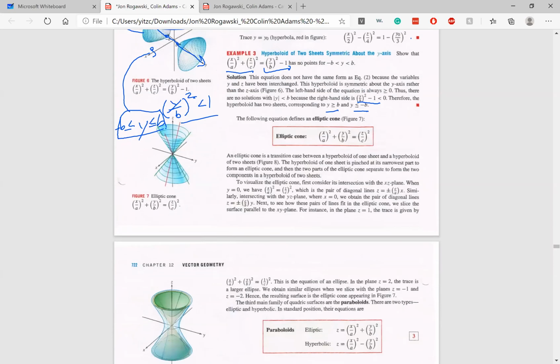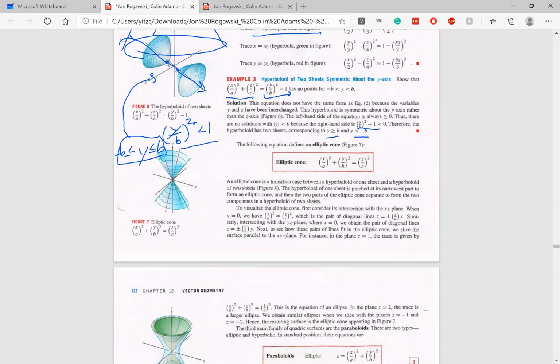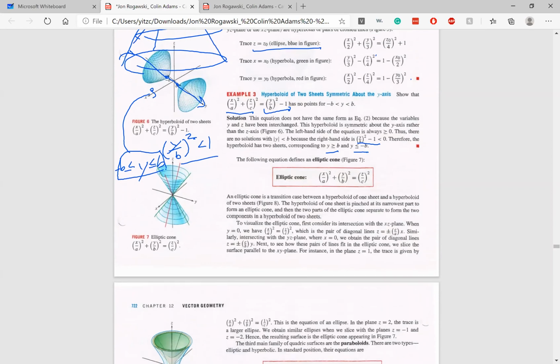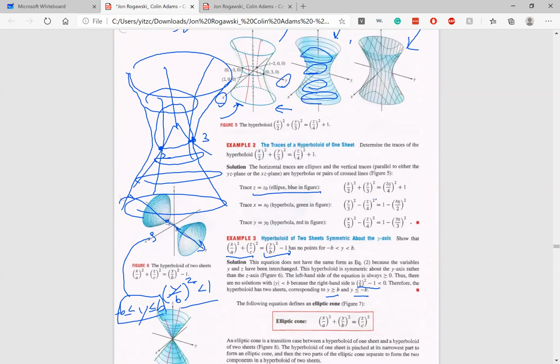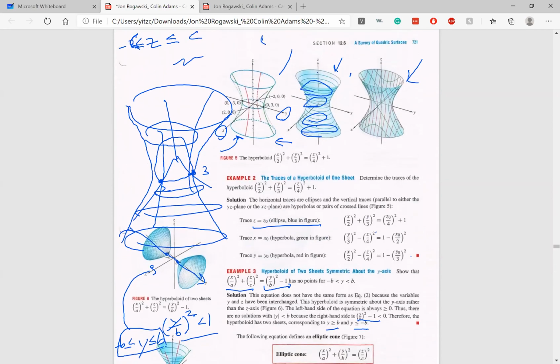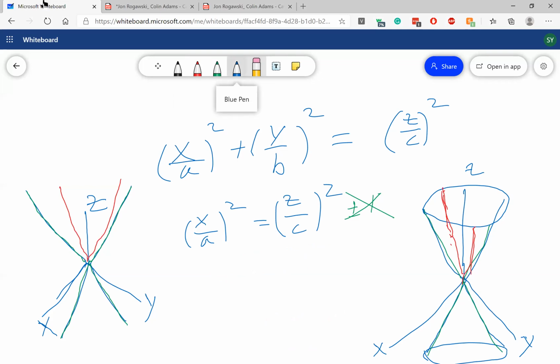Professor, you said if we set x or y to a number, we can get hyperbolas. Can you show how that hyperbola would look? Yeah, so if you had this over here, but you had a plus or minus.